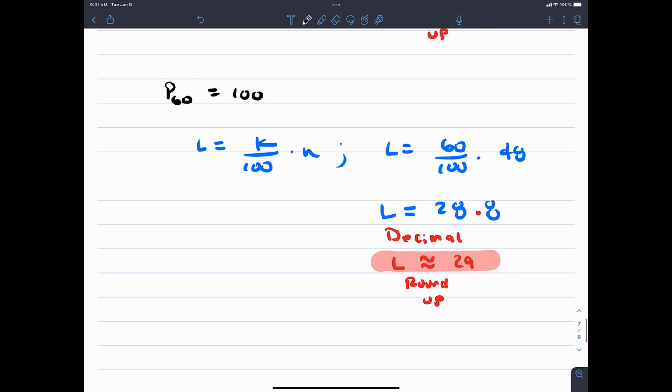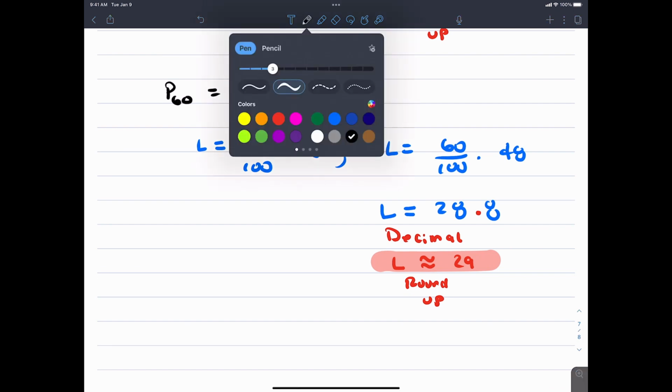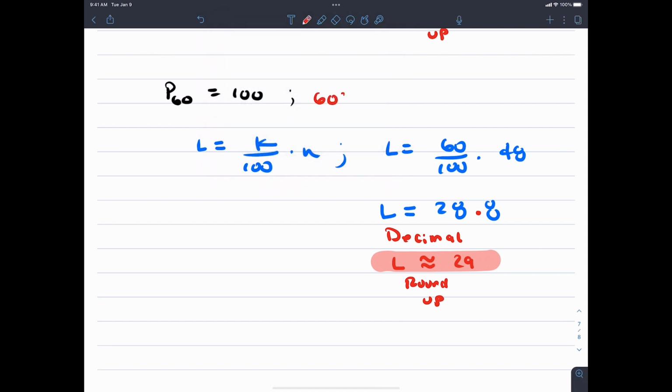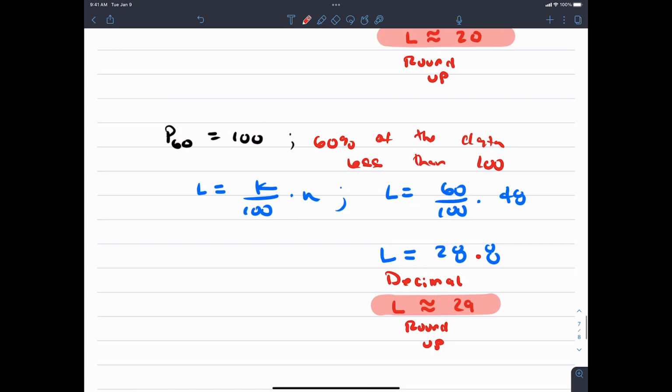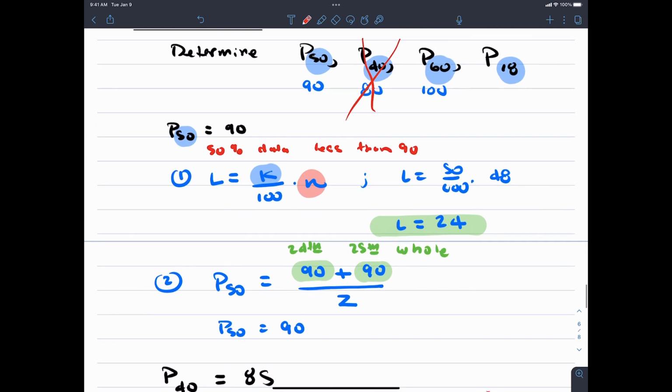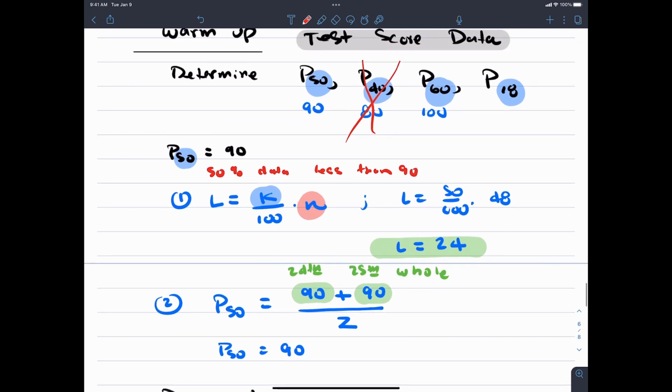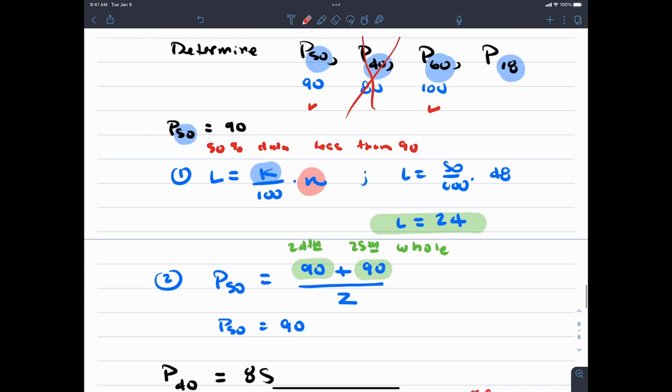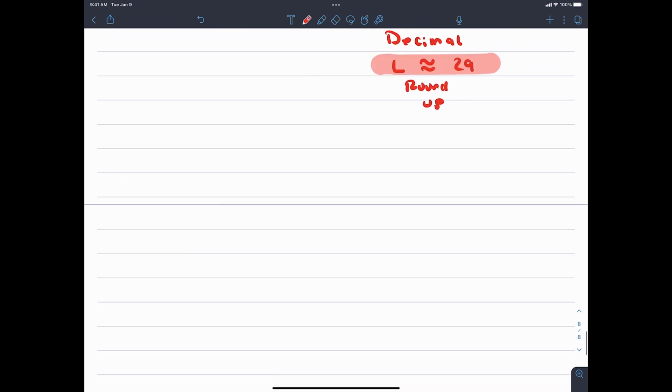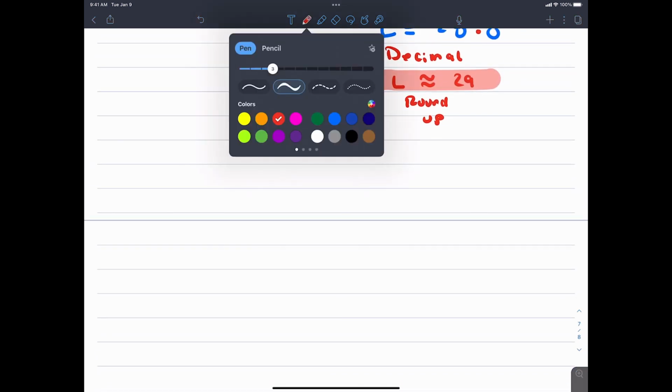What does that mean again? 60% of the data is less than 100. Okay. So were you guys correct on that one? Yes. Good job. So you had the 90, you got the 100. Good. Now we got to do P18. So let's go through the procedure.